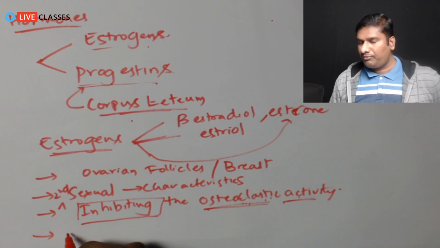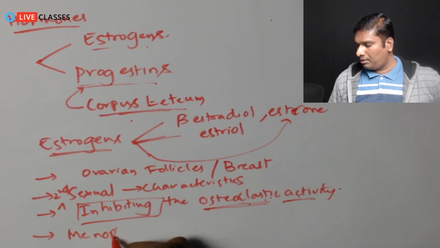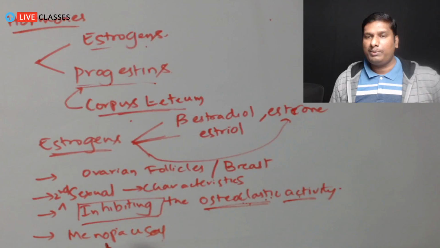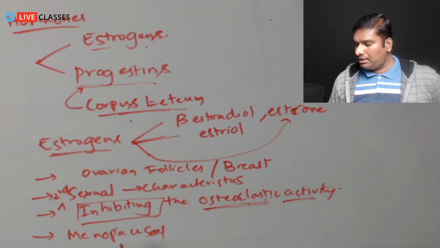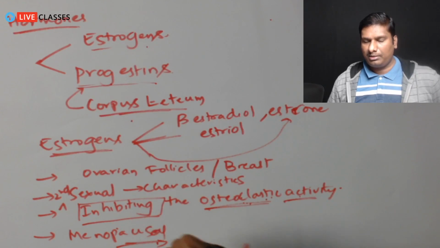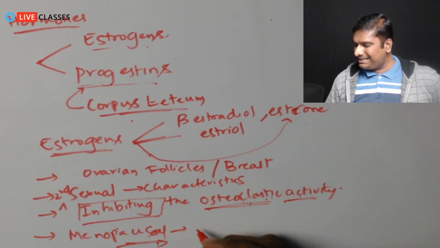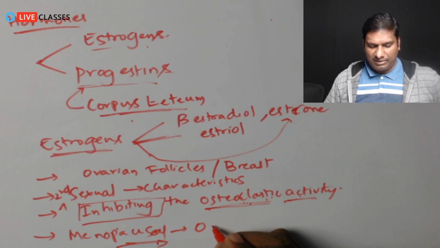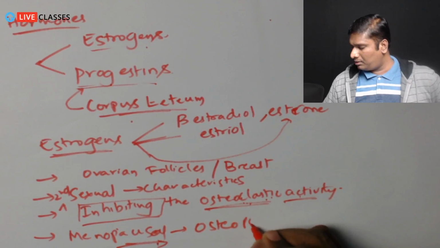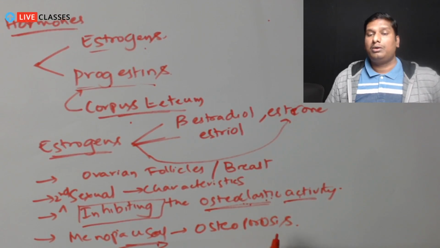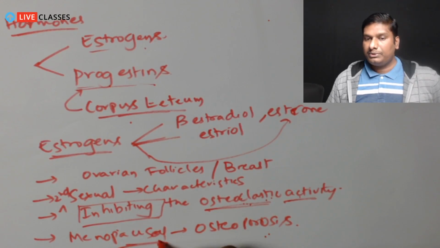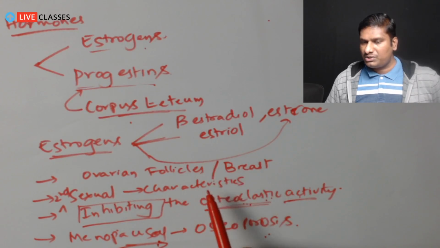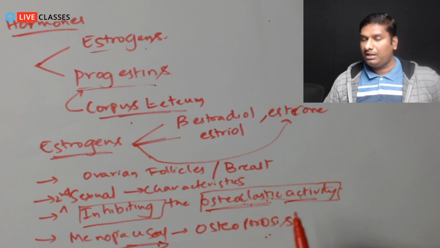Particularly if you take menopausal women, the estrogen levels will be very low in them. In these women, where the cycle has stopped, you will see they suffer with osteoporosis. The reason is that the estrogens which were inhibiting the osteoclastic activity are no longer present.